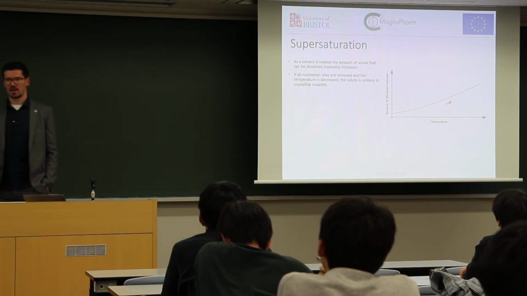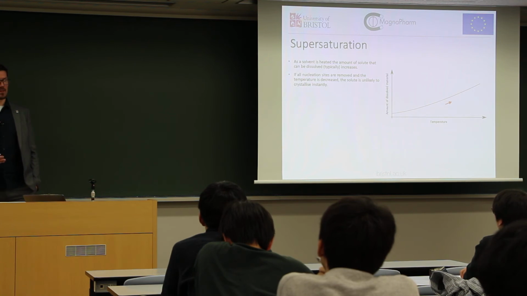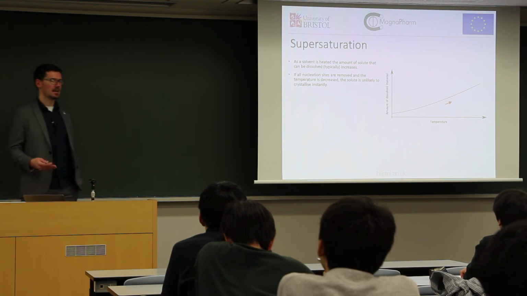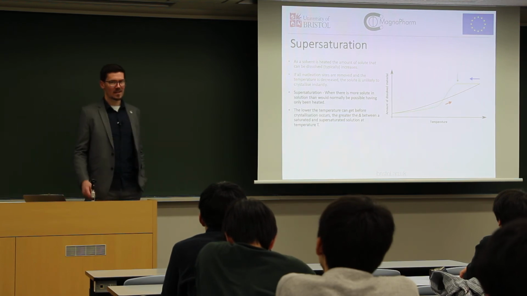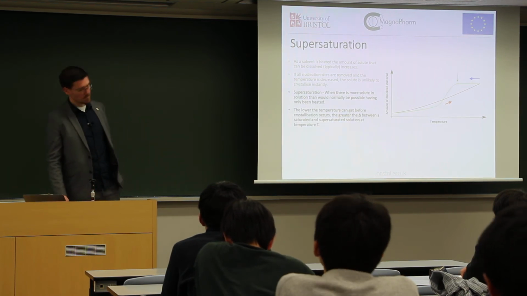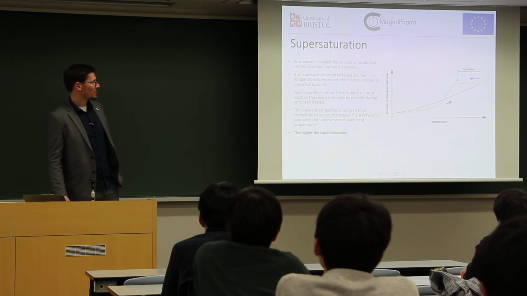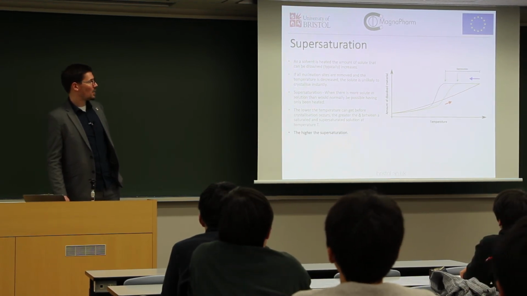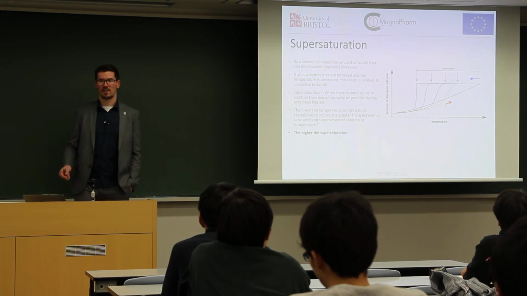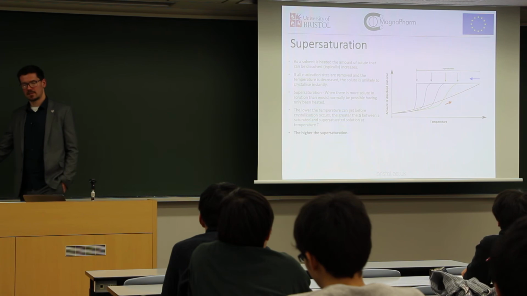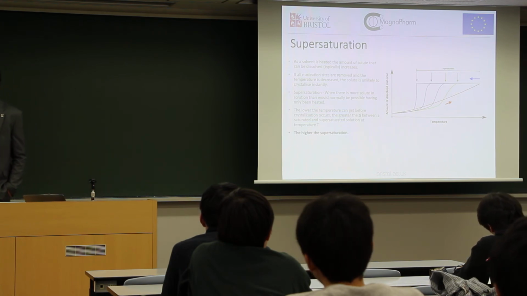So we filter with the smallest filter we can, keeping the temperature elevated. Then we make it sealed and we start to cool. So we get this supersaturation again, but we're able to push the supersaturation further and further down the temperature gradient.